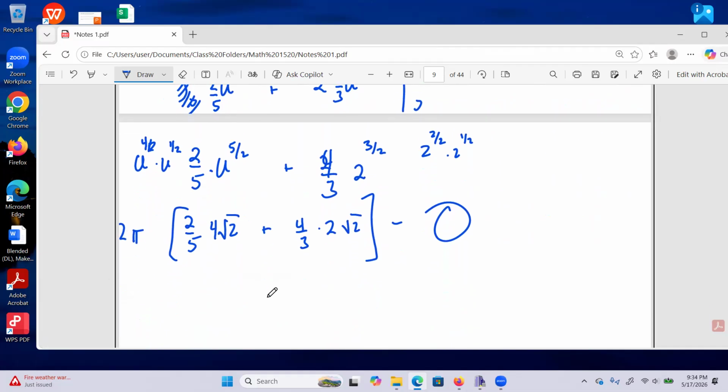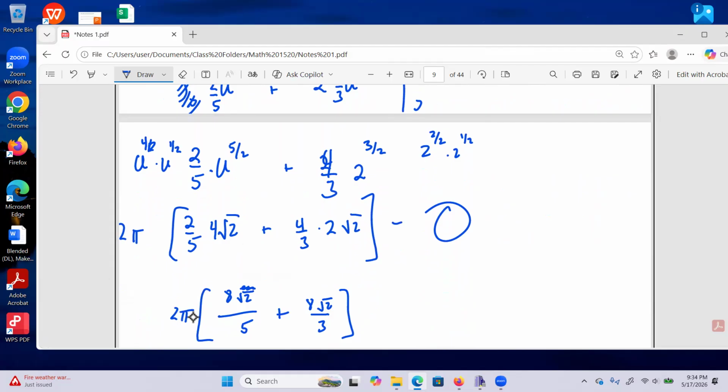So here we have 2 times 4. So we're going to have an 8 square root of 2. Okay, 8 square roots of 2 all over 5 plus, let's say it's 4 times 2. So that's also going to be an 8 square roots of 2 all over 3, all times 2 pi.